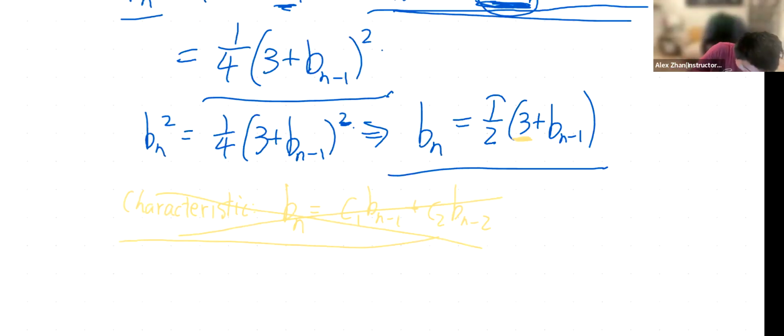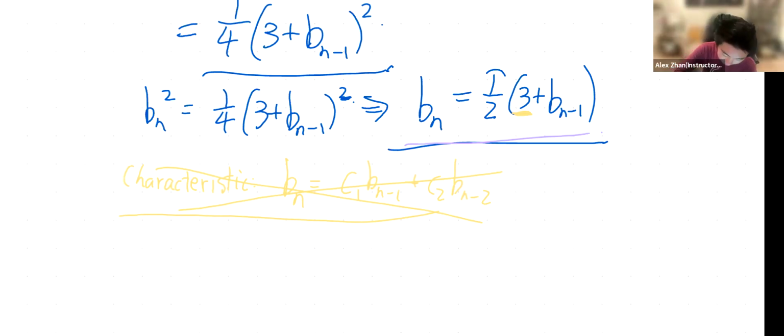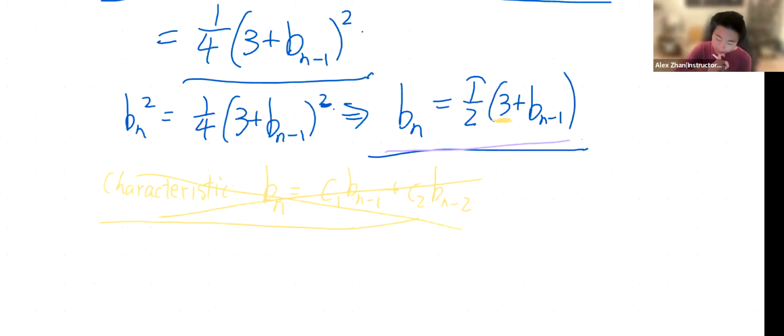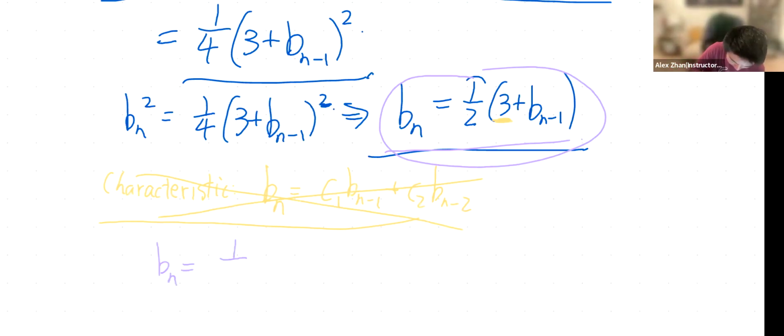Okay, so I think now it's time to also go over an important technique over here. b_n equals 1/2 (3 plus b_{n-1}). It looks rather difficult to solve, but then we can do a very simple trick over here. First of all, it was 1/2 b_{n-1} plus 3 over 2.